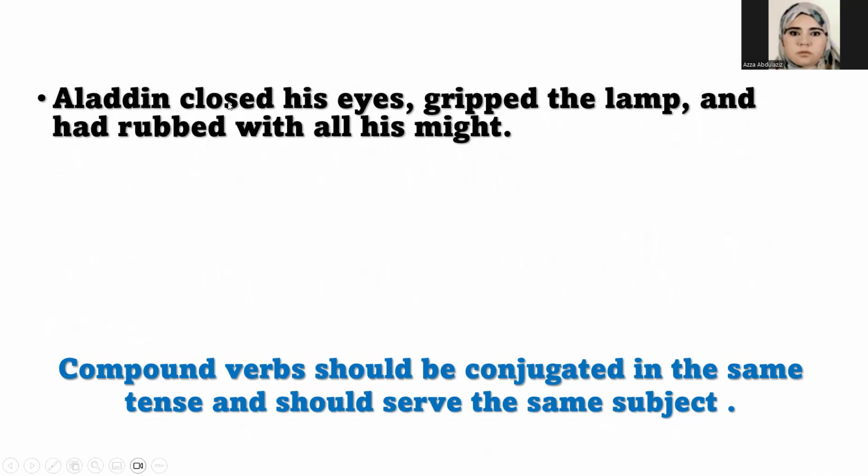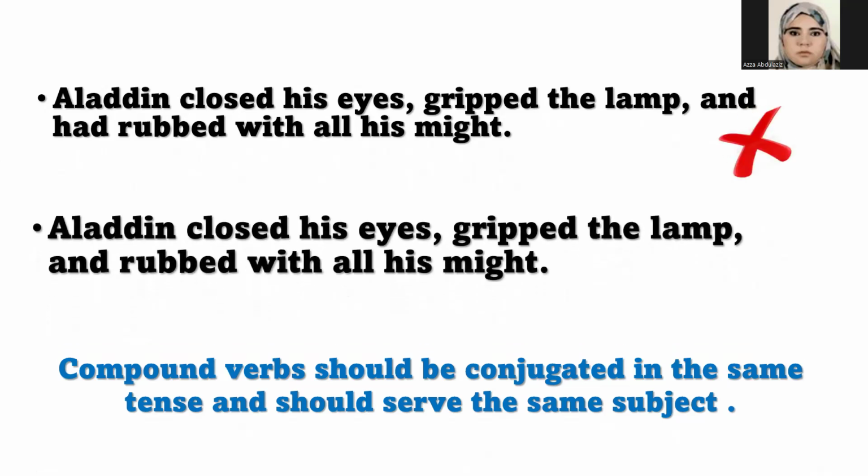Why? Because closed is in the past simple form, gripped past simple form, had rubbed past perfect form. So it could be fixed like this: Aladdin closed his eyes, gripped the lamp, and rubbed with all his might. So remember, compound verbs should be conjugated in the same tense and should serve the same subject to keep the sentence parallel.